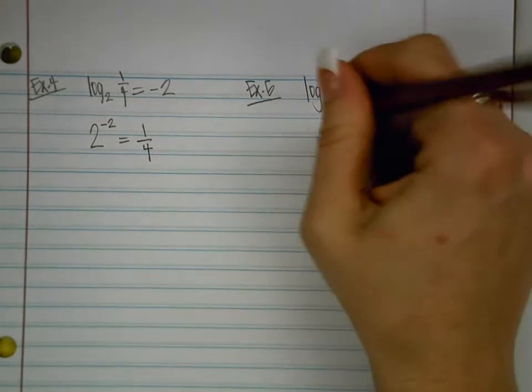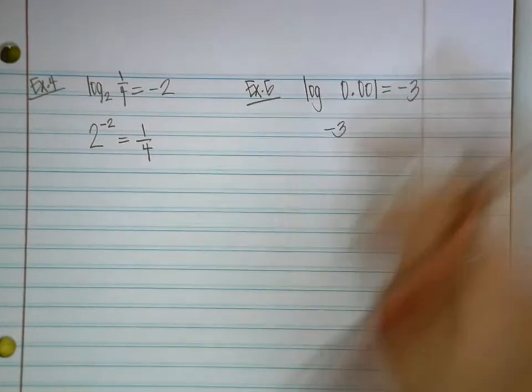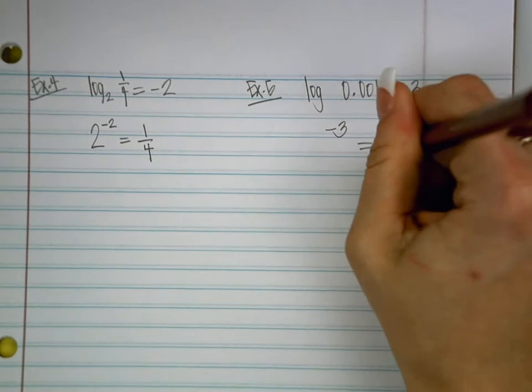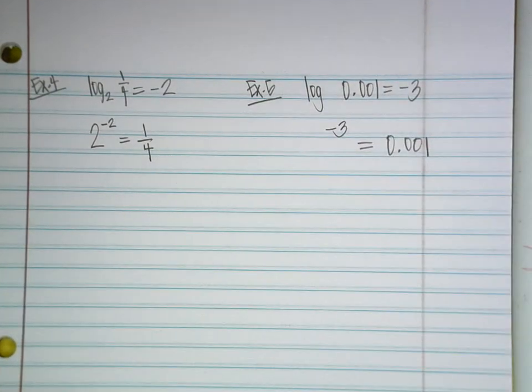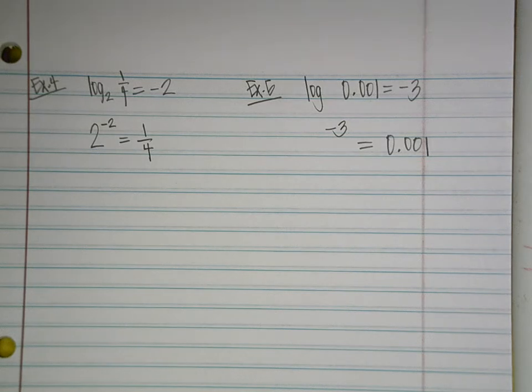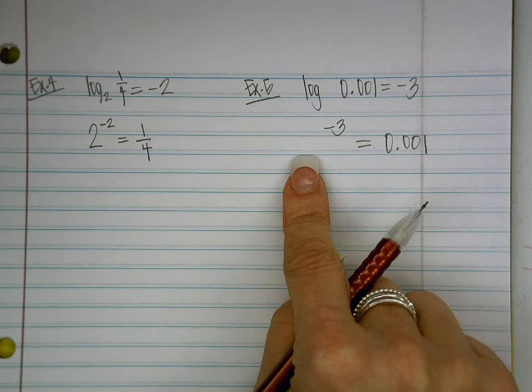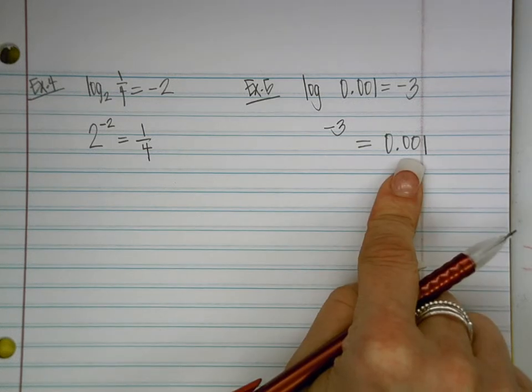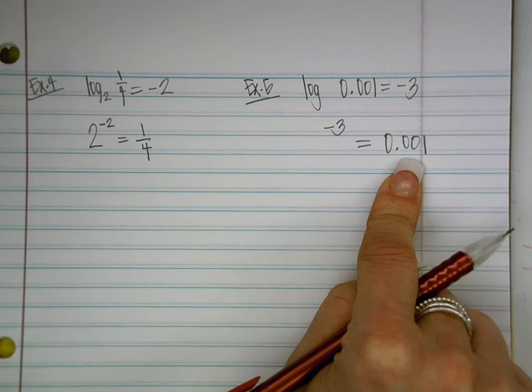Negative 3 is the exponent on what that would make 0.001? No, not x. It's a number. Negative 3 is the exponent on what that makes 0.001? It's not 1, because 1 to any exponent is equal to 1.